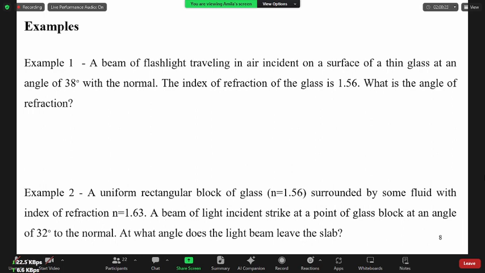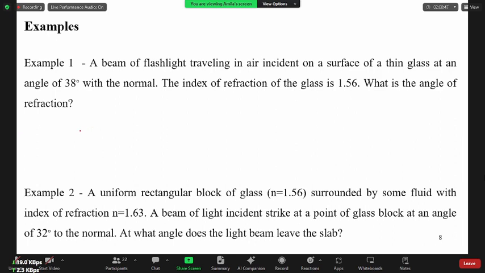So what this says, you have a beam of flashlight traveling in air incident on the surface of a thin glass. So first thing you need to identify the mediums and boundary and the direction of light travel.